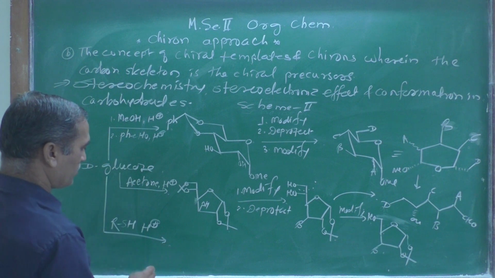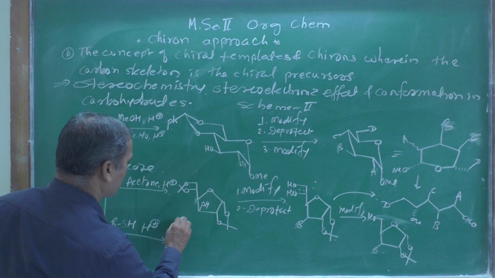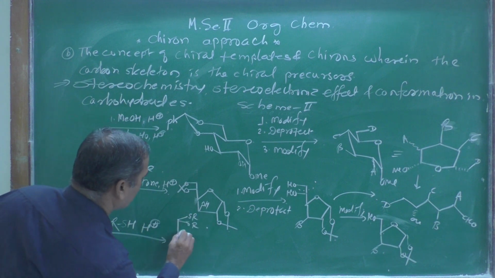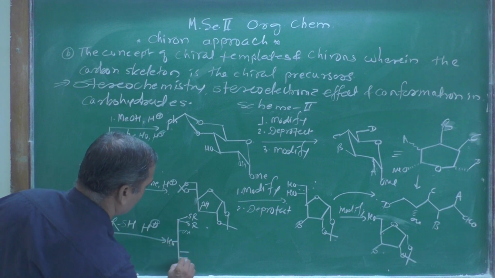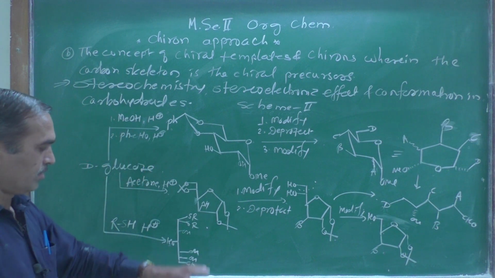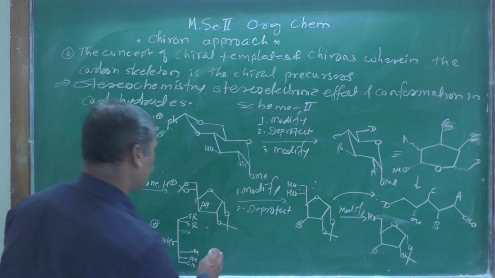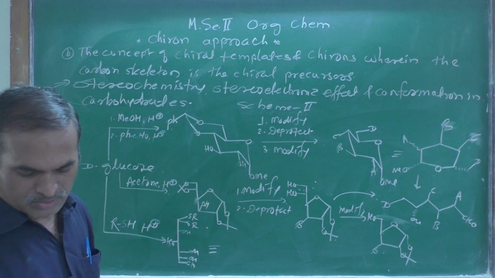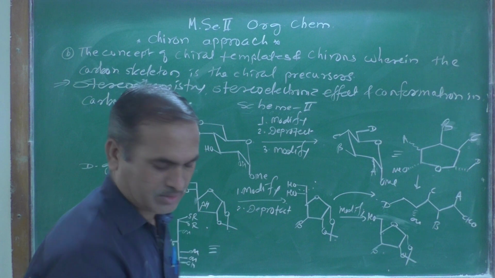This glucose gets protected over there, and you are going to get here like this SR, then SR aldehyde group, then OH, then HO, then 1 2 3 OH on the right hand side like this, and this we can write in this way also, 1 2 3 4 5 6.